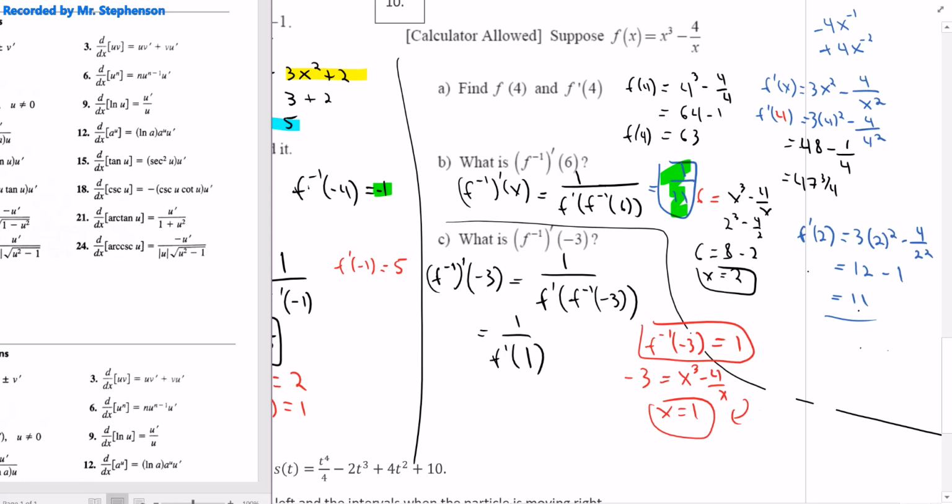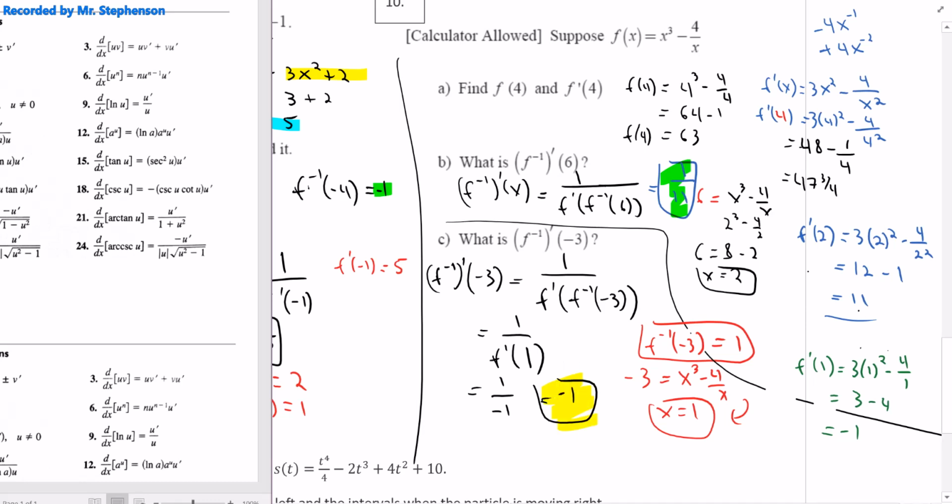So now we're back to f prime of 1. Let's do that over here on the side. F prime of 1 is going to be 3 times 1 squared minus 4 over 1, which is going to be 3 minus 4, which is negative 1. So this is going to be 1 over negative 1, which is negative 1. And that is our answer there, just negative 1.